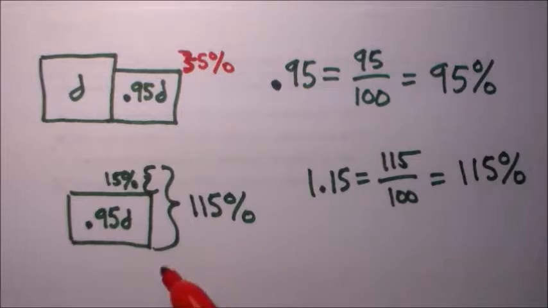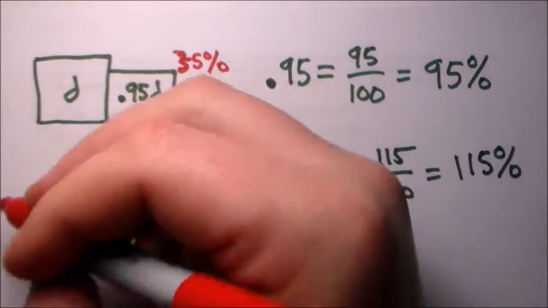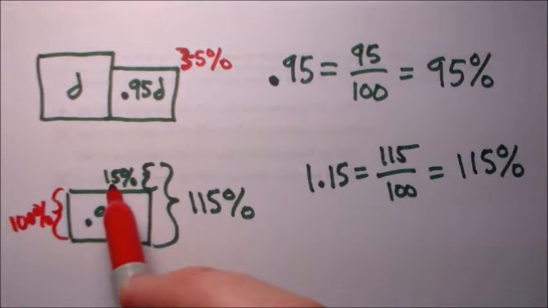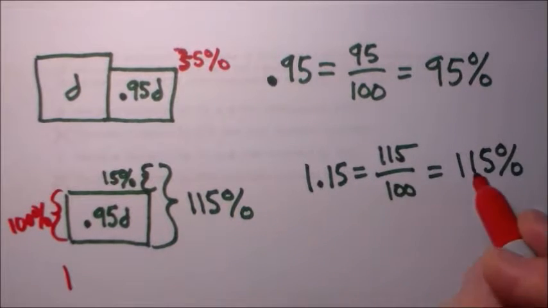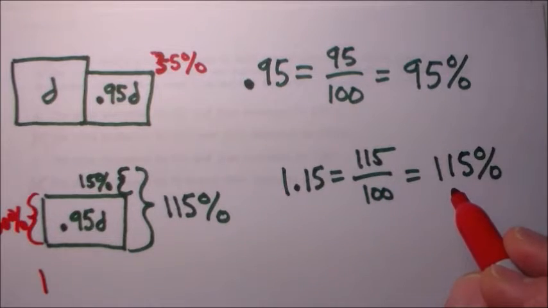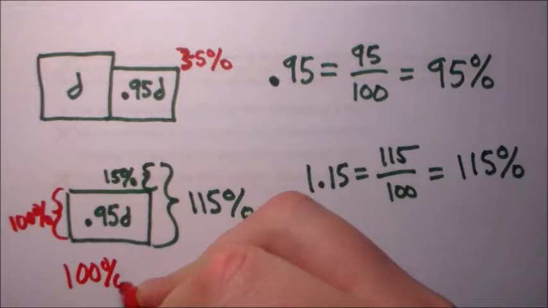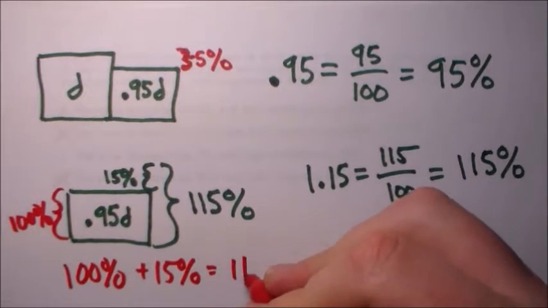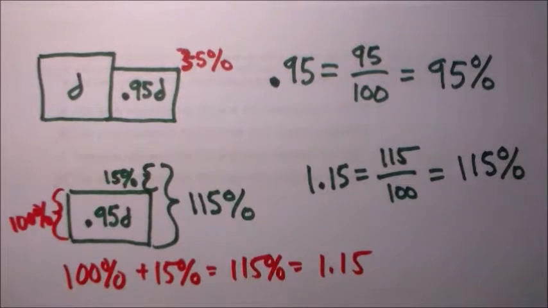Well, that's like multiplying it by 1, because this is 100%, or 1, and then another 15%, right? Because 115% is like 115 over 100, or 1.15. So we have 100%, we have another 15%, and we get to 115%, which equals 1.15.